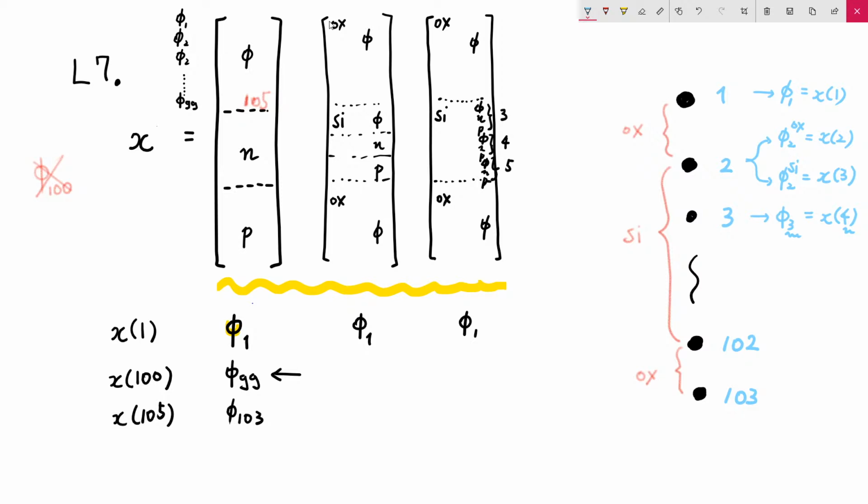If we go to the 99th point, that will give us the 99th point electrostatic potential. However, that will be x100. That is my thinking for saying the answer should be phi at the 99th point.